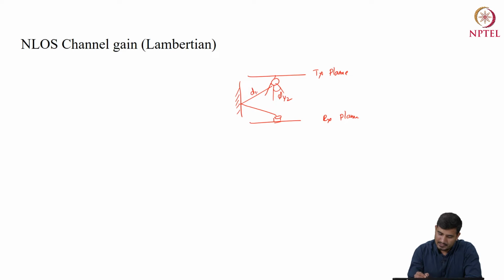It takes the distance d1 from the LED to the reflection point on the wall, and to reach the PD it takes distance d2, and this is the incidence angle to the wall, alpha, and the angle of reflection with respect to the PD is beta. So now you are going to give these input values d1, d2, alpha and beta. How can we do it?